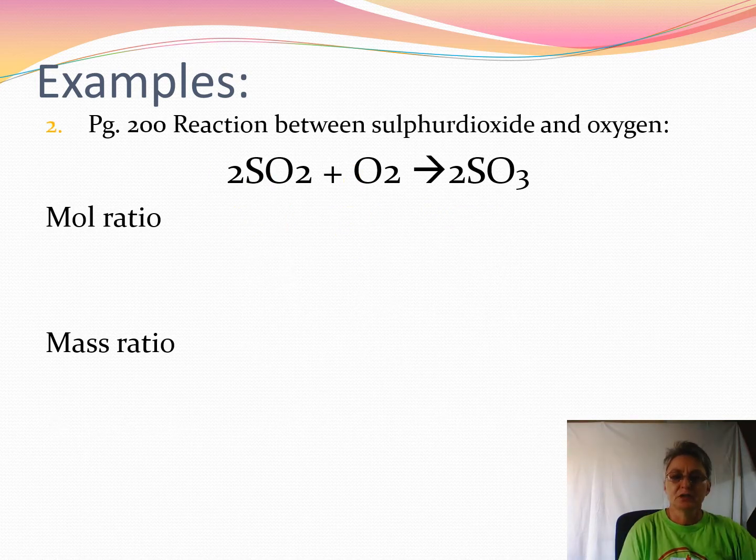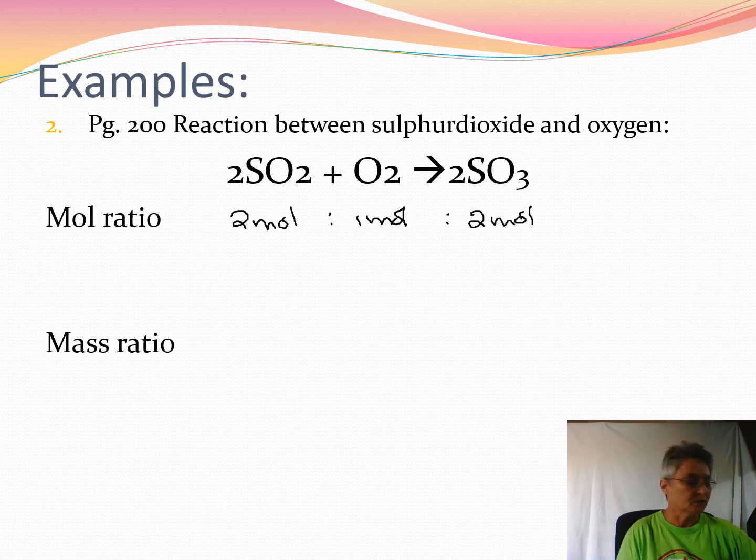Example 2 is on page 200 and it discusses the reaction between sulfur dioxide and oxygen. If you balance the equation, you'll see that 2 moles of sulfur dioxide requires 1 mole of oxygen to give us 2 moles of sulfur trioxide.